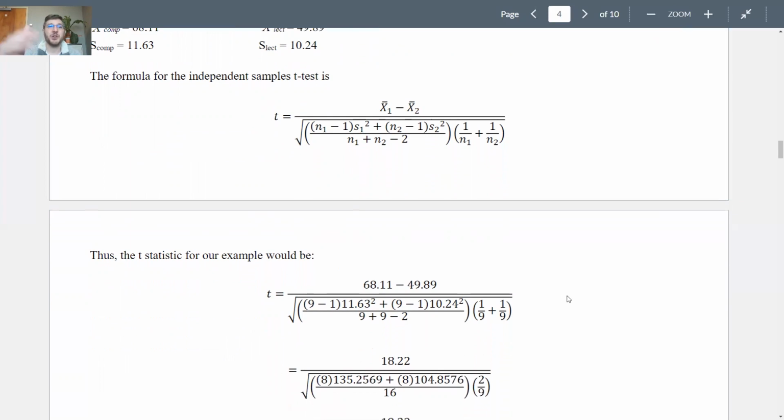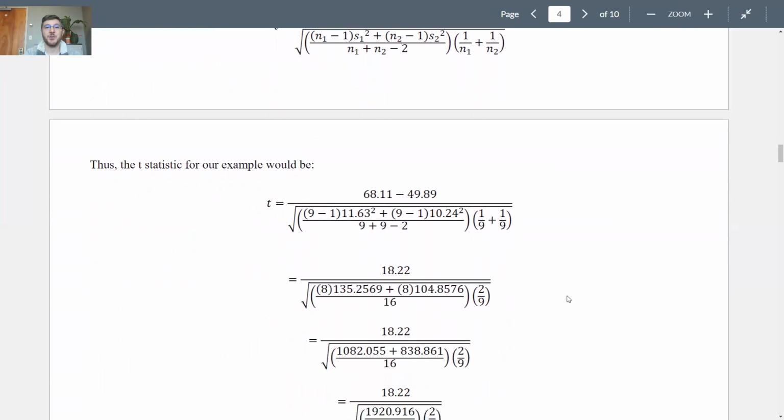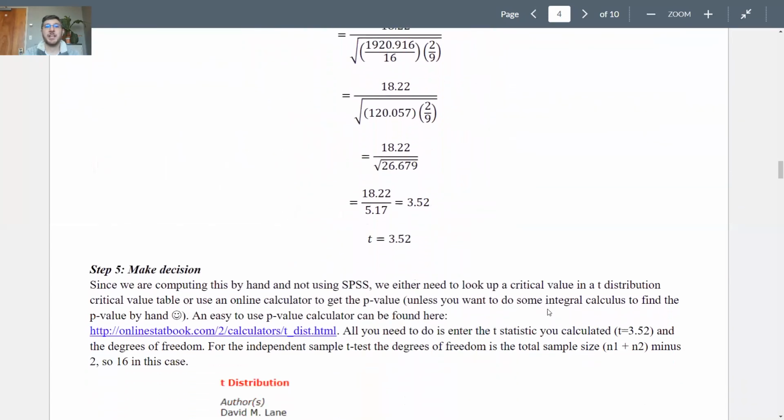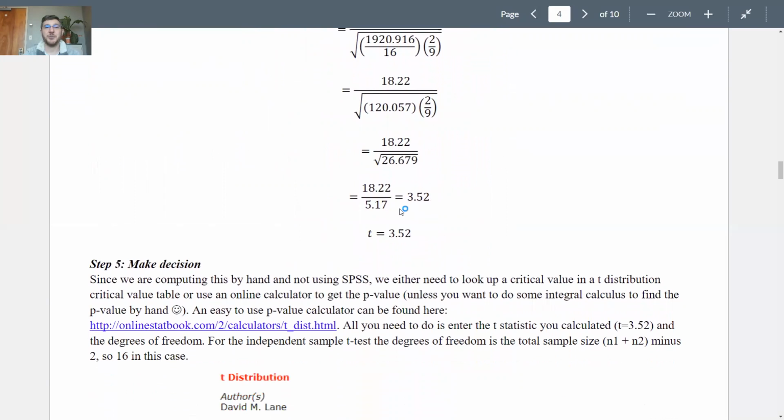So here I just worked out the t formula step by step. If you have questions about each one of these steps, let me know. I'll be happy to explain it to you. But then we get a t value of 3.52.